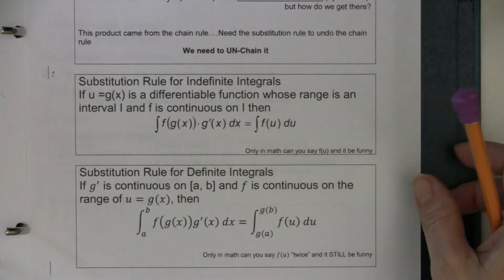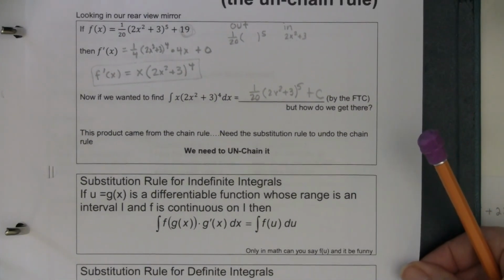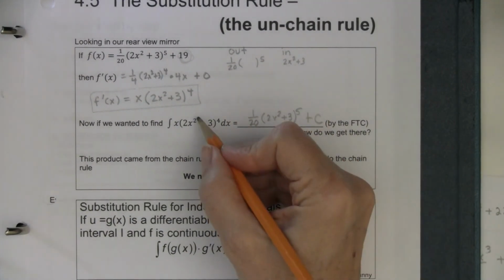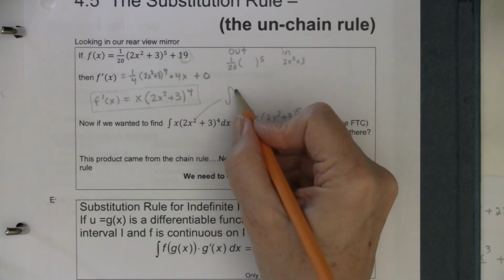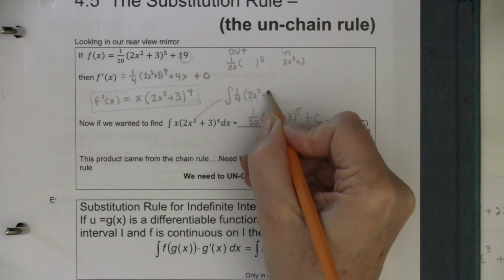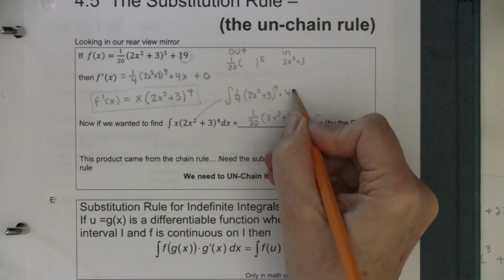And you might be thinking, well, is that what we had going there? And we did, before we simplified it, right? This right here, before I simplified it, was the integral of 1/4 times 2x to the 2nd plus 3, raised to the 4th, times 4x.